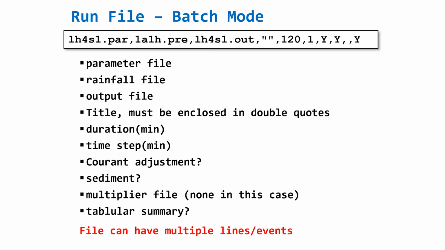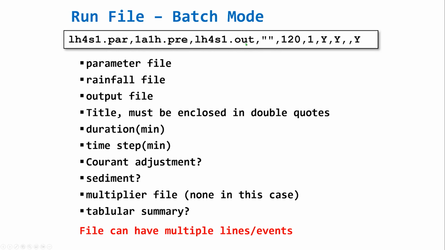So in that run file, if you want to do batch mode, this file, again, would just look like this. It's an ASCII string. It says, all right, here's the name of the parameter file. Here's the name of the rainfall file. And we usually use a PRE, precipitation extension on this. And here is the output file.